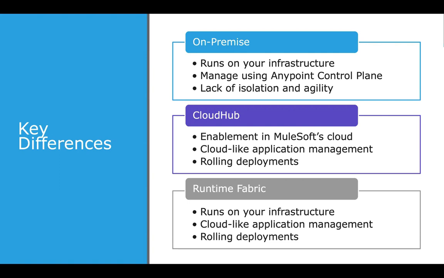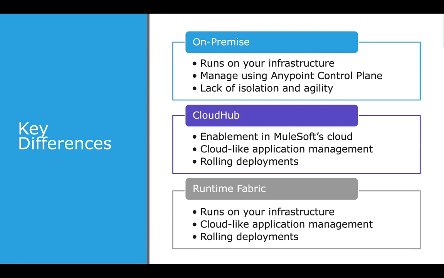So if an application running on your server goes haywire, we know that it can affect other applications running on that same server. You also have a little bit of rigidity in that you can only deploy one version of MuleSoft to your server. And so you can't deploy Mule 3 and Mule 4 to the same set of resources with an on-prem deployment. You might also struggle with deployments on-premise today.